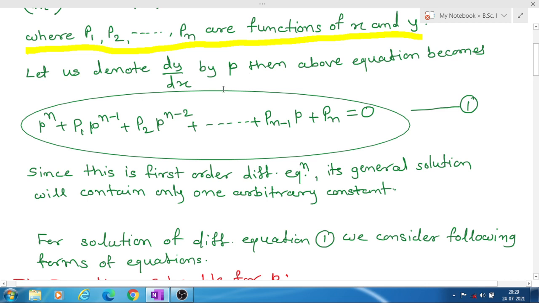In the last chapter we denoted dy by dx by capital D. So here we put small p for dy by dx.